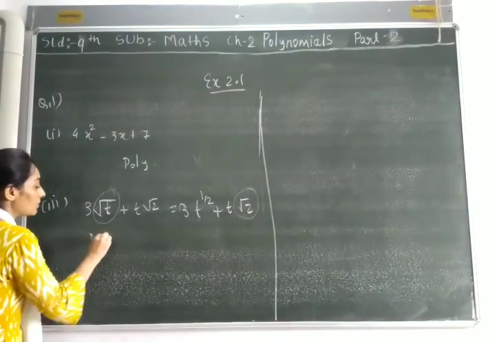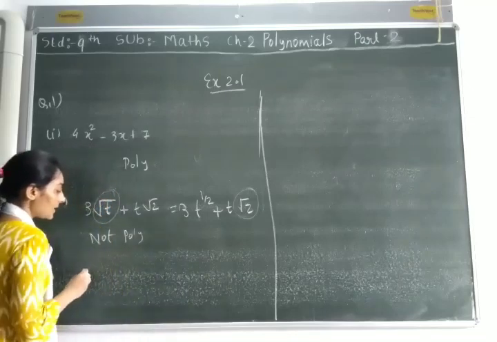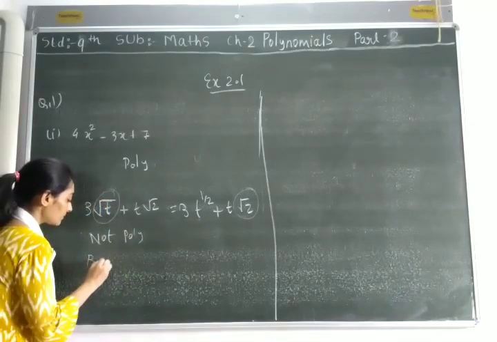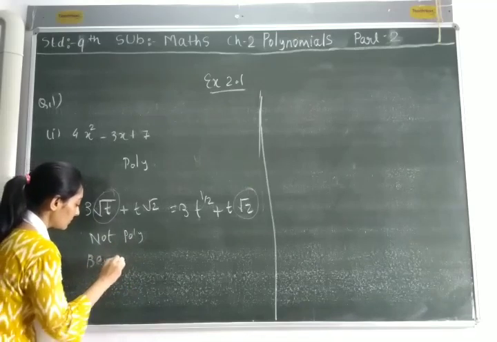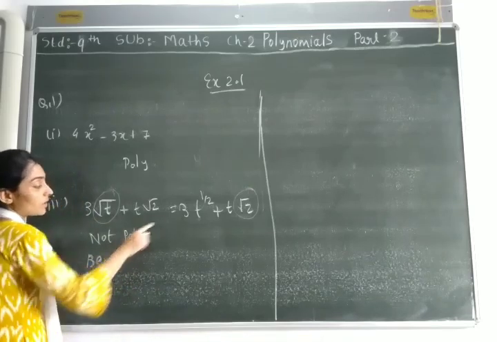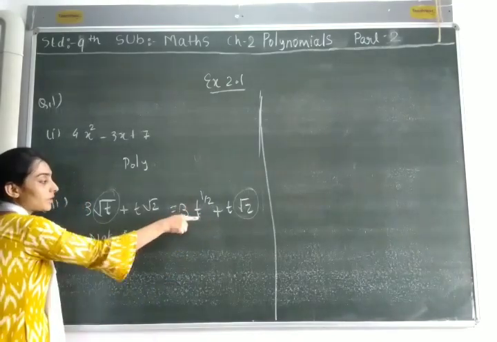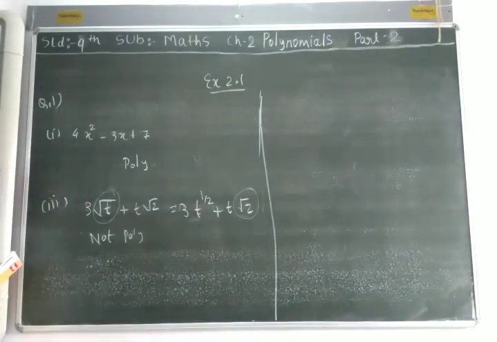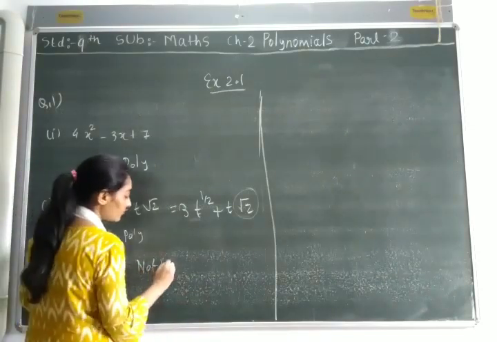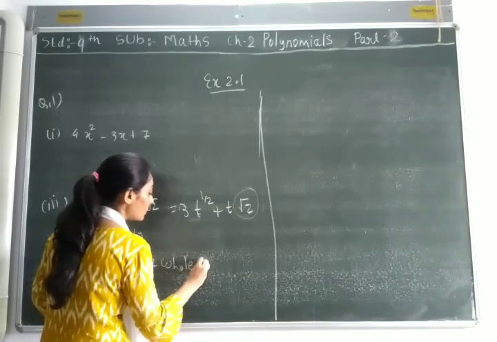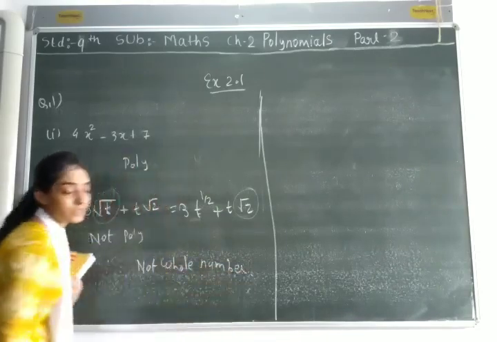So it's not a polynomial. The reason is that the degree of my variable t is 1/2, which is not a whole number. Okay, that is the reason.